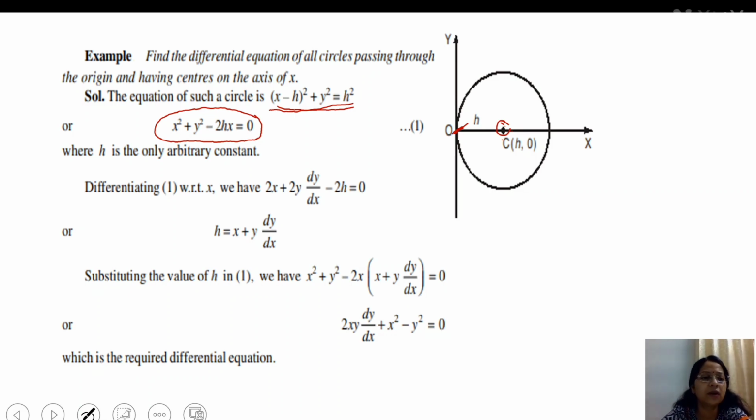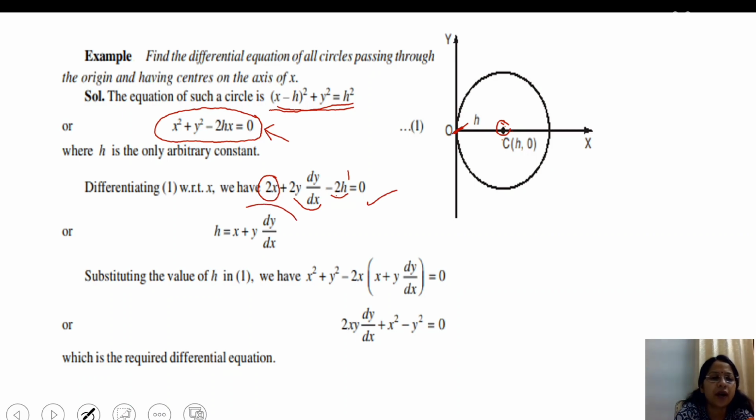If we differentiate it with respect to x, keeping y as the dependent variable, that gives 2x plus 2y dy by dx minus 2h times 1 is equal to 0, since differentiation of x gives 1.